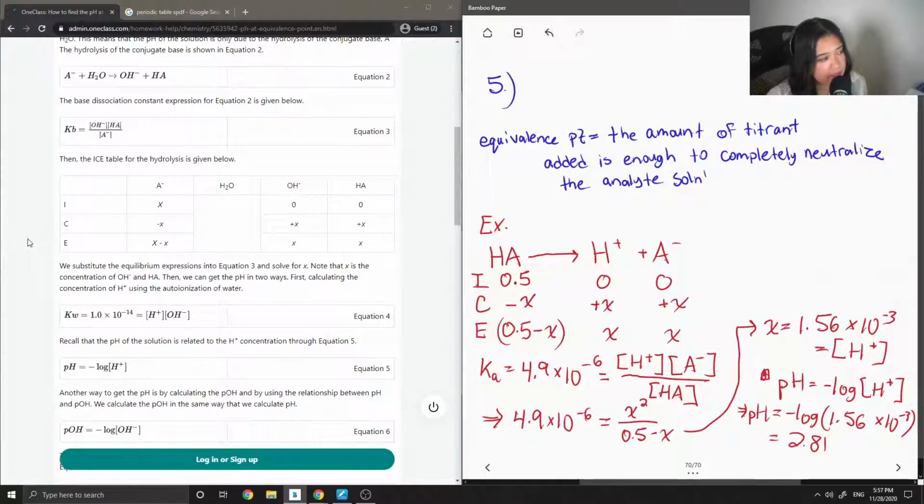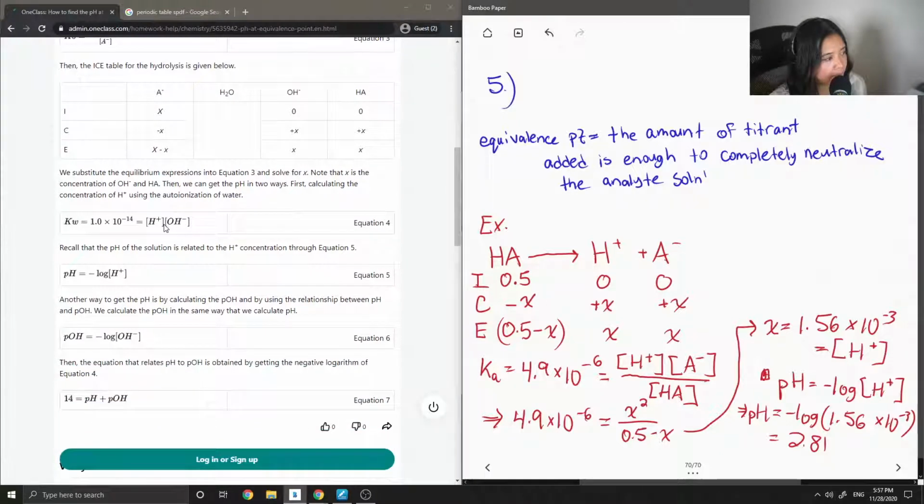So here is the ICE table for the hydrolysis shown in equation 2. So we substitute the equilibrium expressions into equation 3 and solve for x. Note that x is the concentration of OH- and HA. Then we can get the pH in two ways. First, calculating the concentration of H+ using the auto-ionization of water.